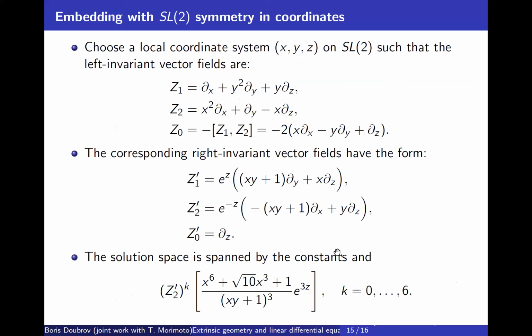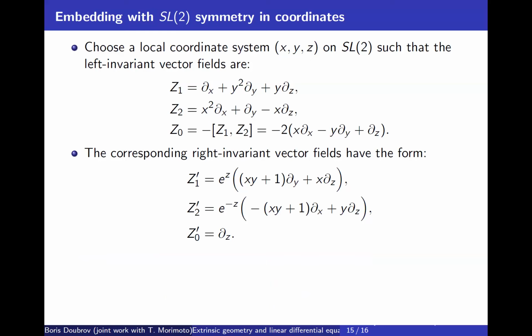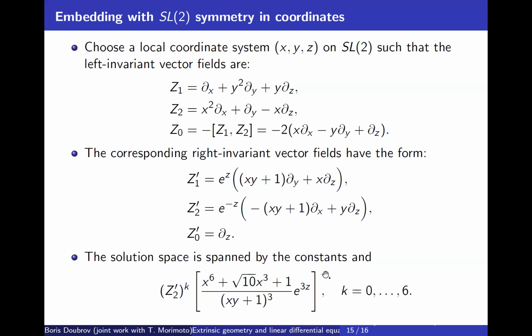The constant function is a solution of our equation because we differentiate at least once. But then, we have in total an 8-dimensional solution space, so we need 7 other independent solutions. They can be explicitly written down in this pretty ugly form, or beautiful form if you like.